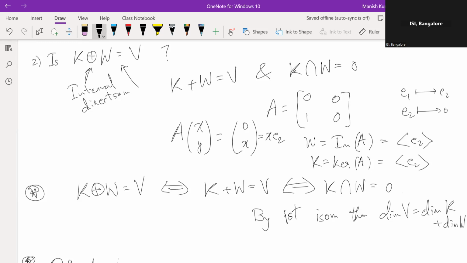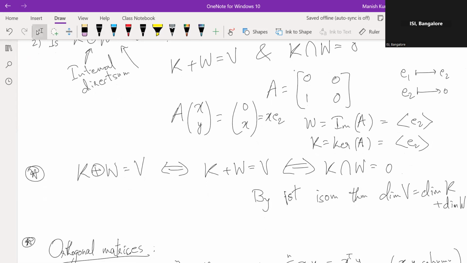From the rank nullity formula we had, it will follow. We had this formula, right? If you have two subspaces of V, W1 and W2, then the dimension of W1 plus W2 is the same as dimension of W1 plus dimension of W2 minus dimension of W1 intersection W2.